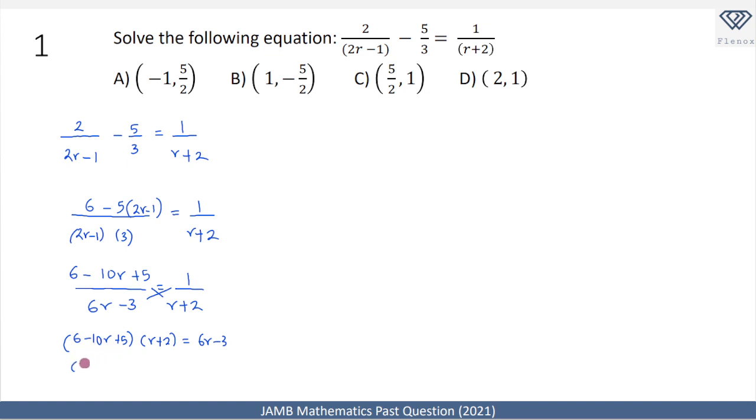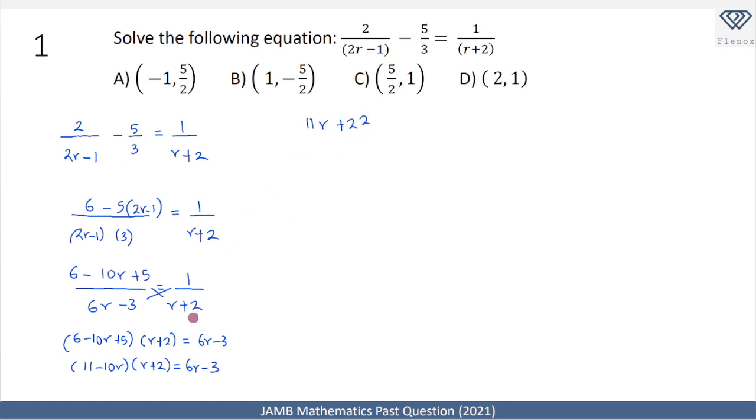So this can also be written as 11 minus 10r then multiplied by r plus 2 is equal to 6r minus 3. So what do we do next? We can expand here. So when we expand, what we have is 11 times r is going to give us 11r, then 11 times 2 is going to give us 22, so that'll be plus 22.